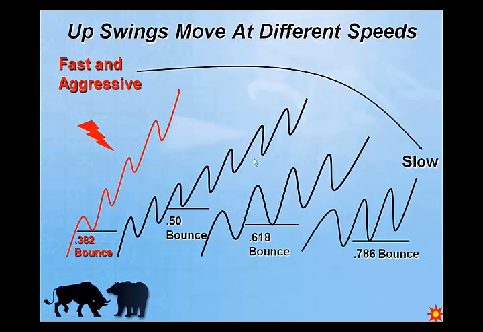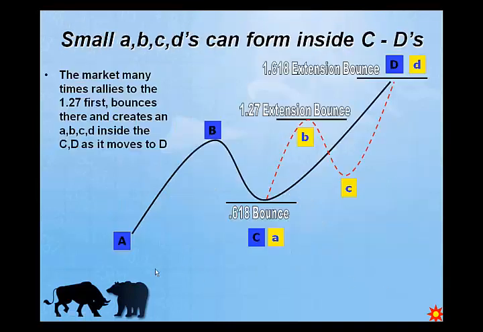And the market starts going slower as it pulls back more, because it loses more gas pulling back. For example, a 786 bounce is a lot slower to go to its D than a 618 bounce. Now, the two with the highest probability, you like to see 50% bounces and 618 bounces rather than a 382 or a 786 bounce.